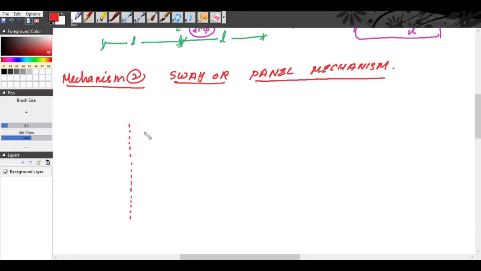The frame has equal lengths, with fixed supports A and D. Now, there is a concentrated load, and this is B and this is C. Now, for the mechanism, B gets shifted to B dash. There will be a hinge formation at B dash. C gets shifted to C dash. There will be a hinge formation at C. There will be hinge formation at A and at D.